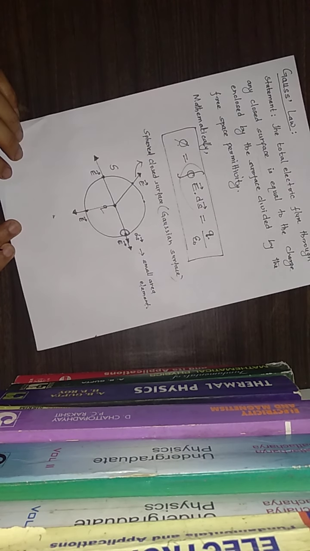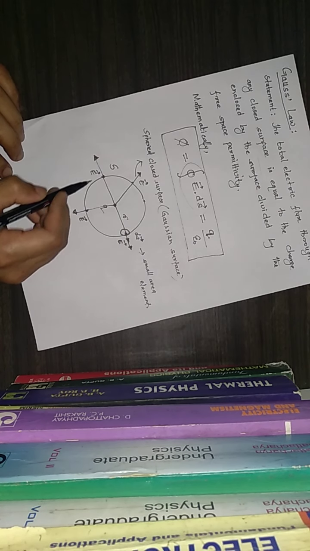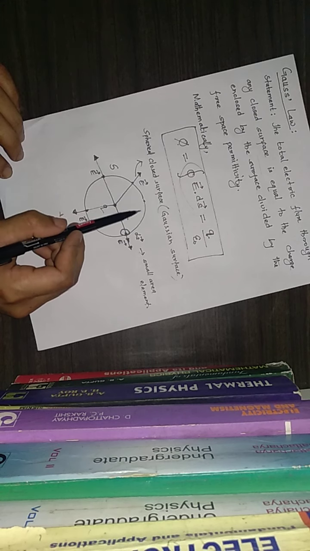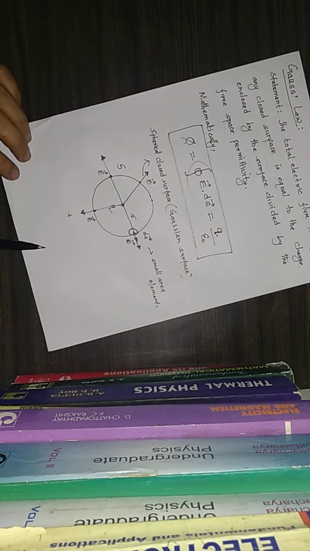And let r be the radius of this spherical Gaussian surface.